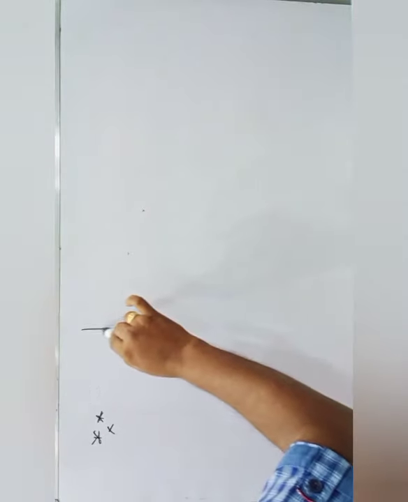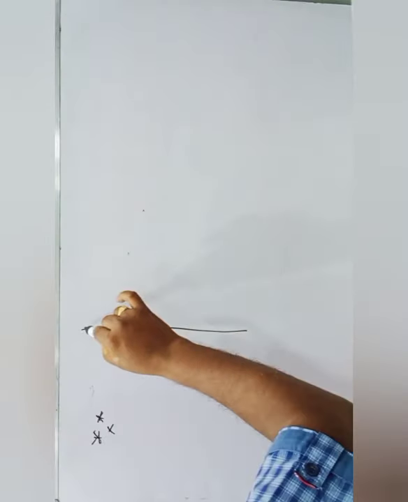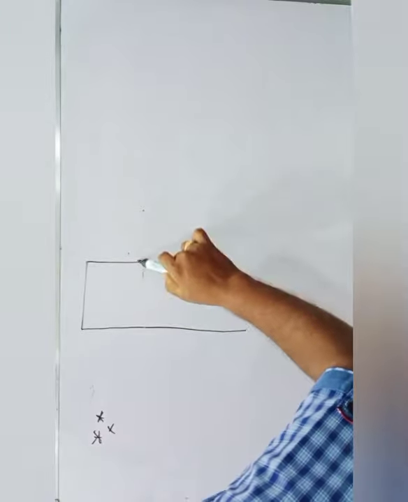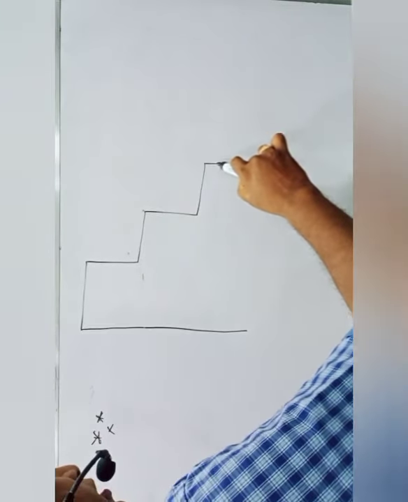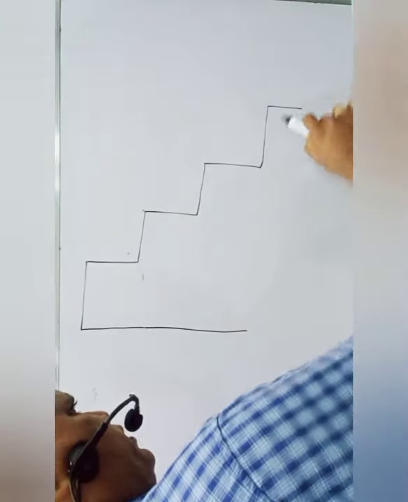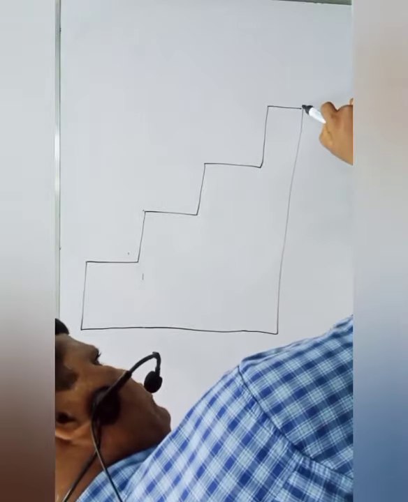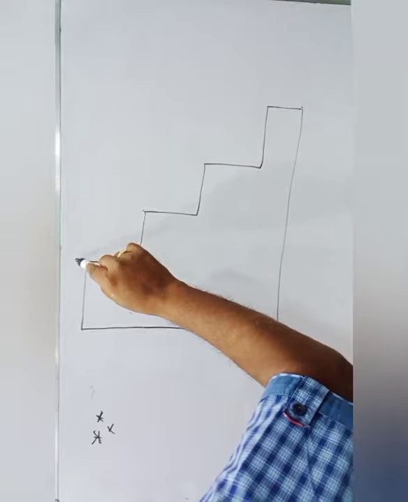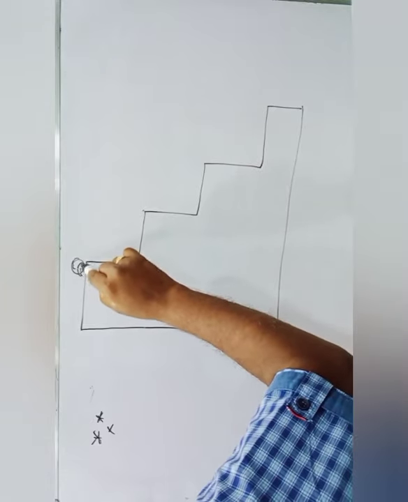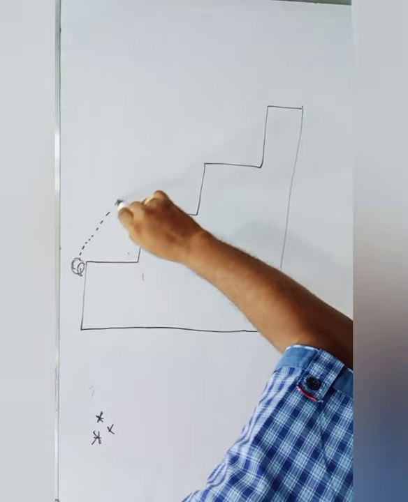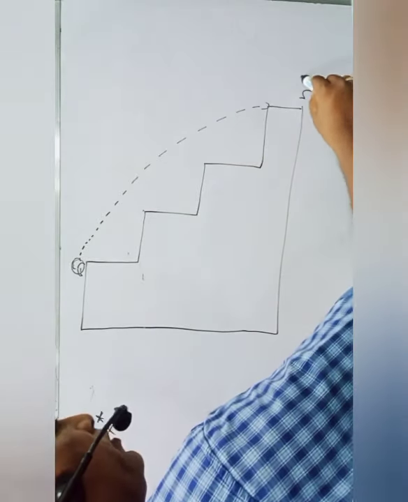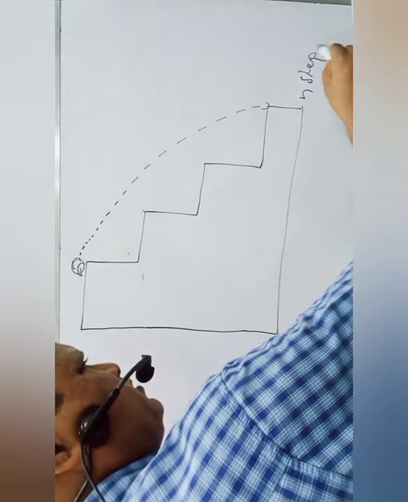Another important concept: a ball is rolling on the top surface of the staircase of a building and reaches the nth step.